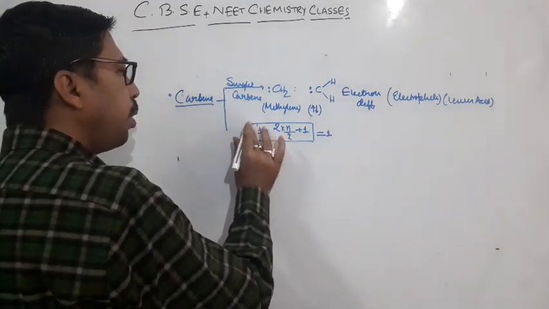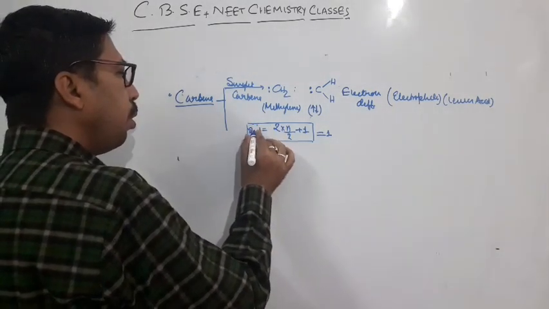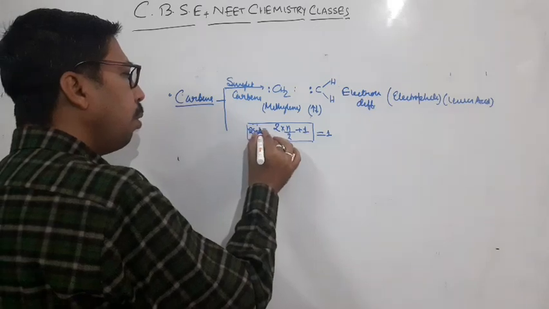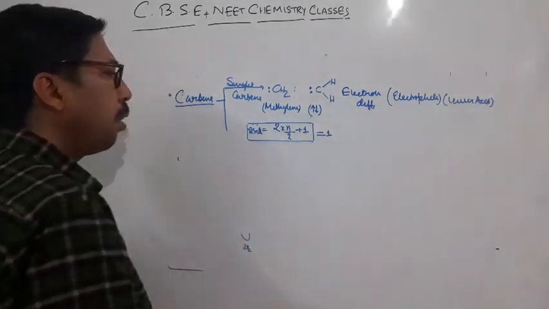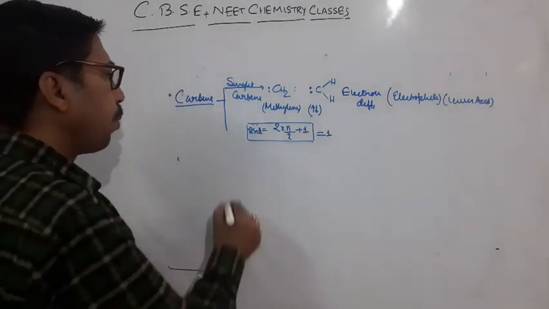Better you can write multiplicity like this: 2s plus 1.